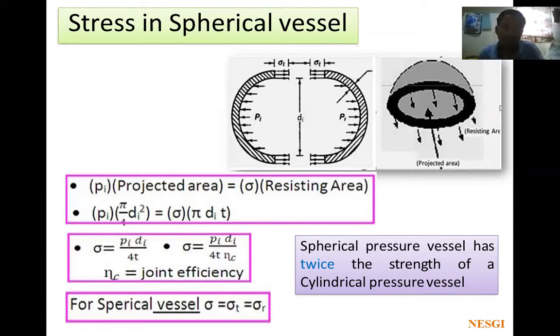For the same pressure, the stress induced is half that of the cylinders. So what can we say? The spherical pressure vessel has twice the strength of the cylindrical pressure vessel.